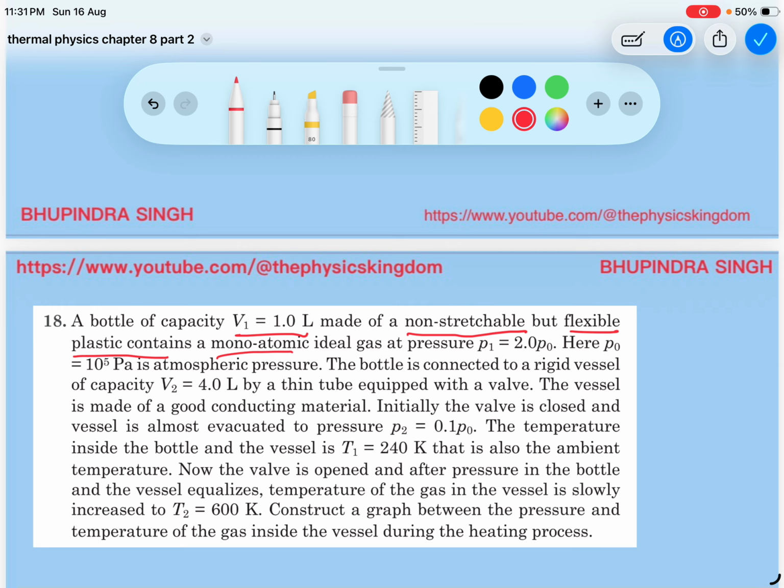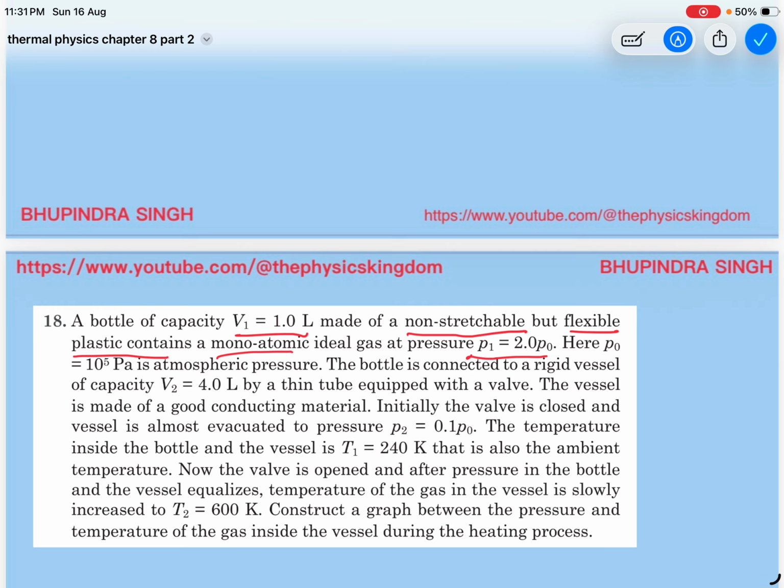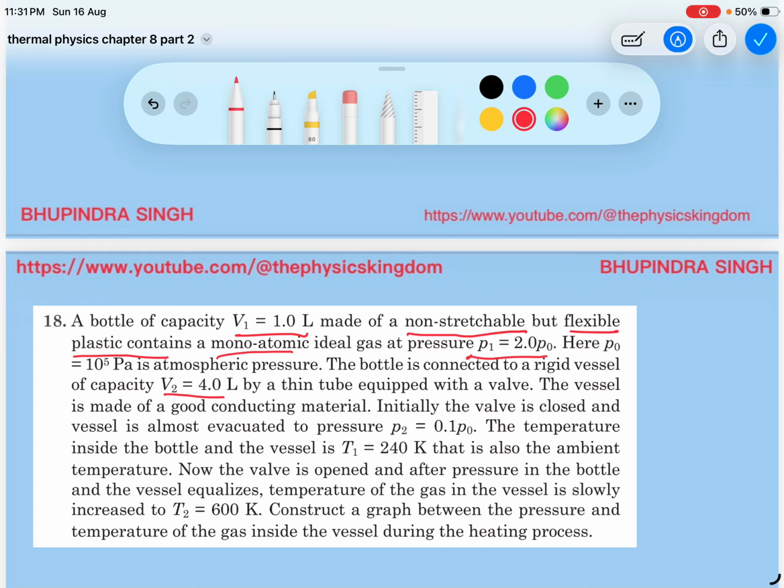Contains a monatomic ideal gas at pressure 2 P naught. The bottle is connected to a rigid vessel of capacity 4 liter by a thin tube equipped with a valve. The vessel is made of good conducting material, so temperature will be the same as outside temperature, or you can say I can increase temperature from outside very easily.